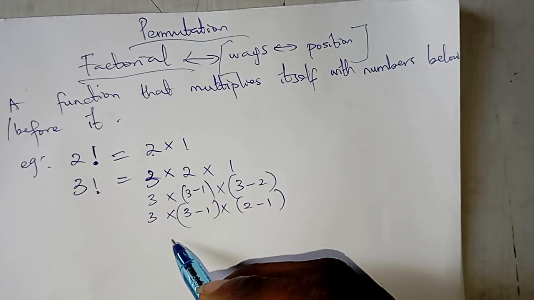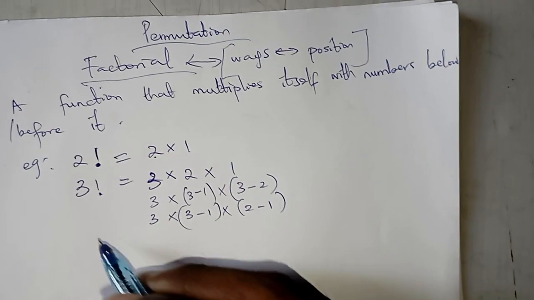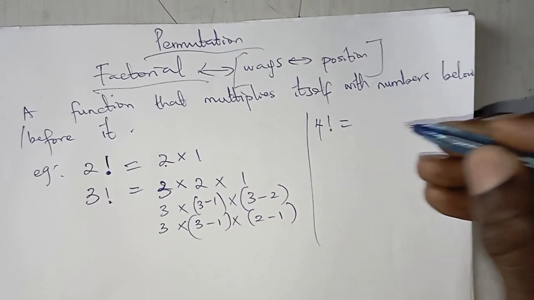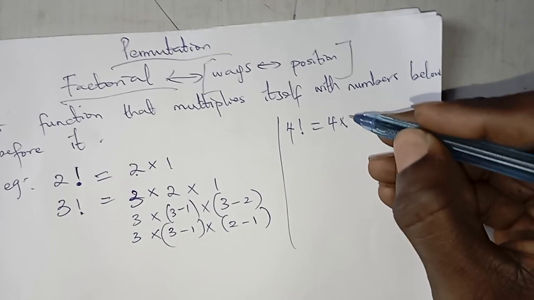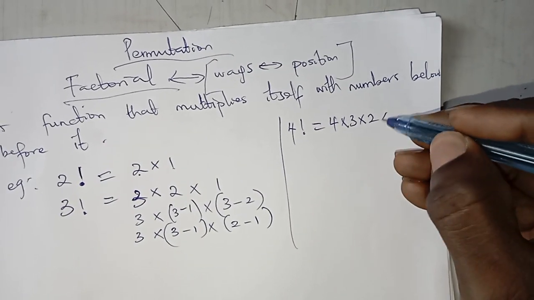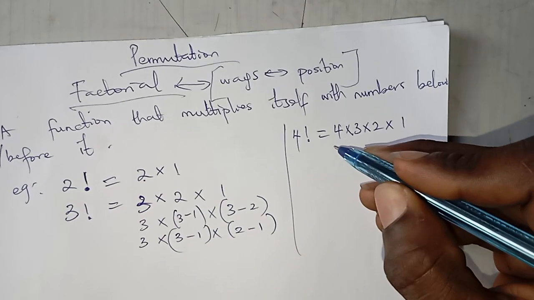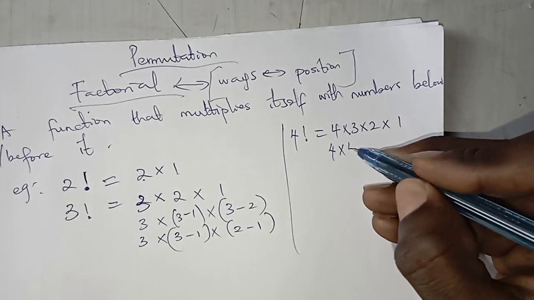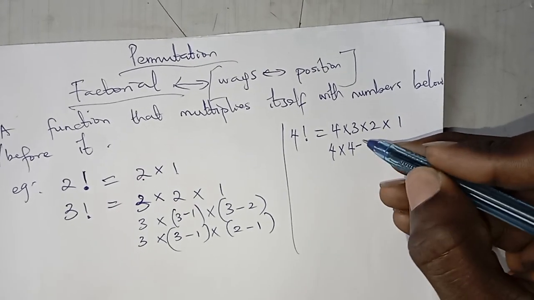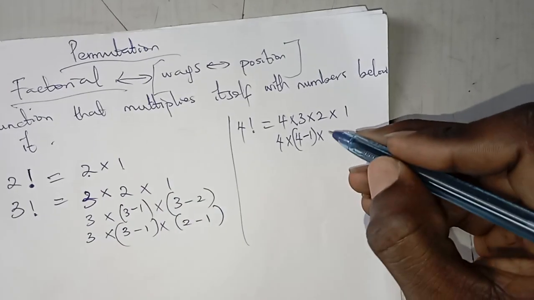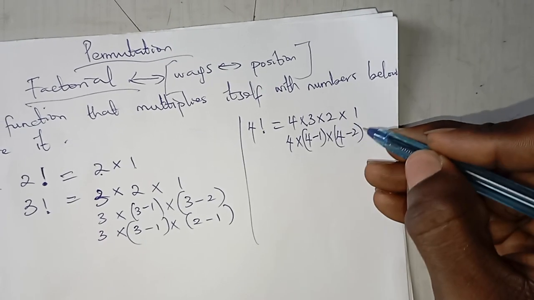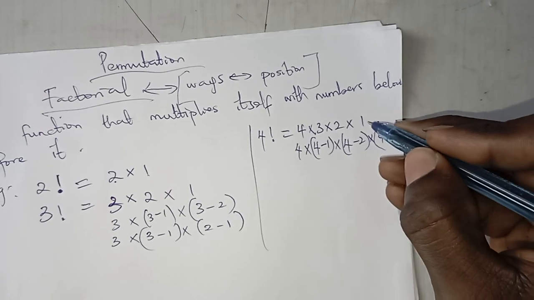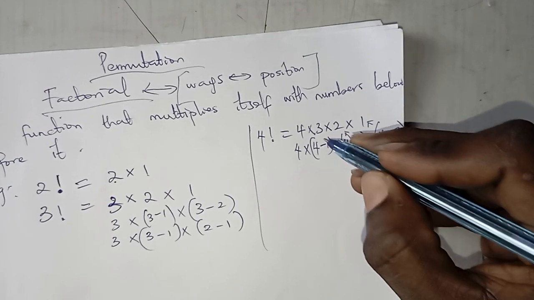So if I have, for example, 4 factorial, this is the same thing as saying 4 times 3 times 2 times 1. This is the same thing as saying 4 times (4 minus 1) times (4 minus 2) times (4 minus 3). 4 minus 3 gives you 1. 4 minus 2 gives you 2.